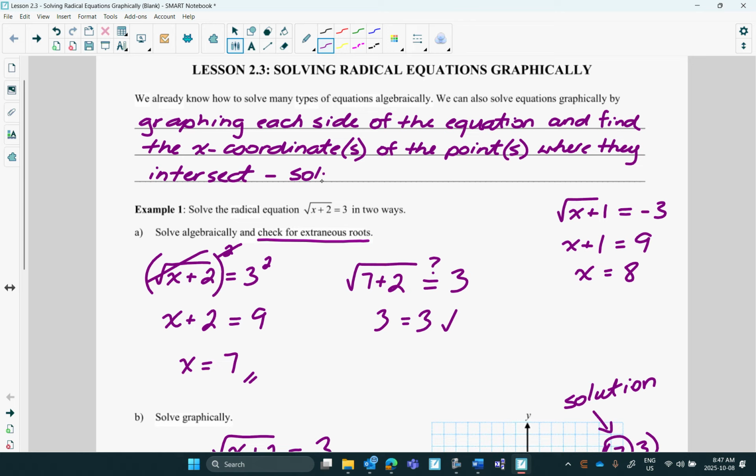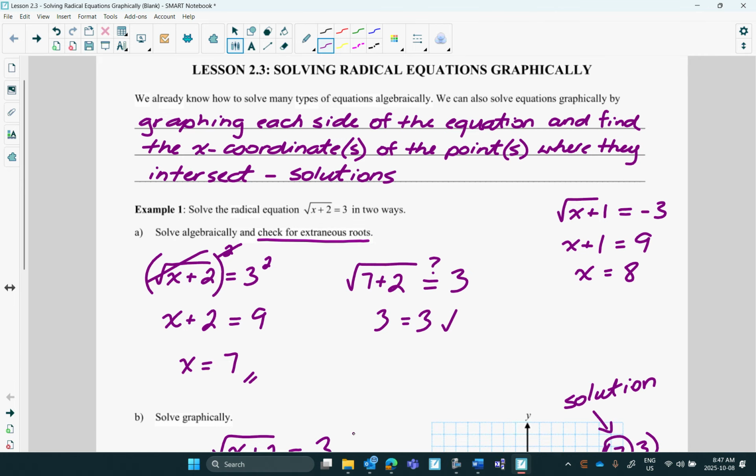These will be the solutions. And that works with any equation. Doesn't matter if it's a square root equation, doesn't matter if it's got an x squared, an x cubed, or just an x in it. You can solve any algebraic equation using a graph. Graph each side, see where they intersect, read the x value. And that's your answer.